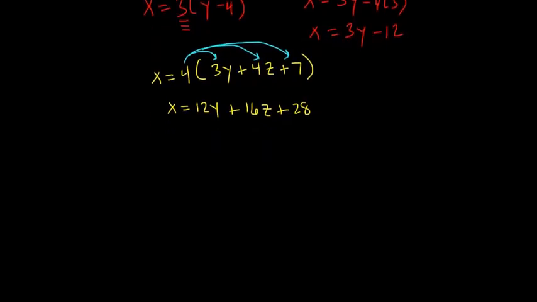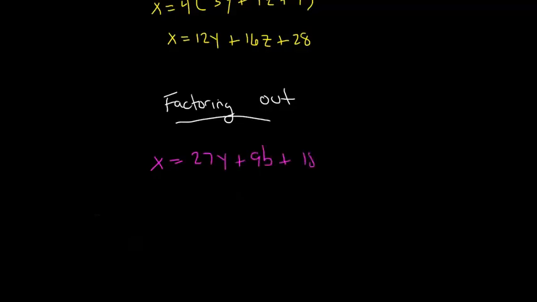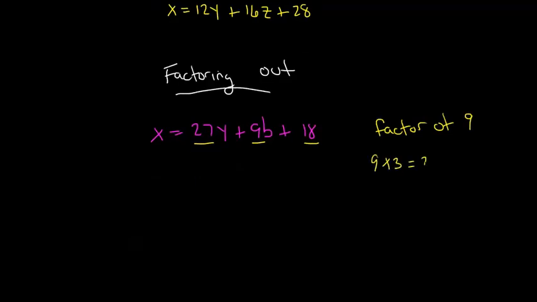The opposite of distribution into parentheses is factoring out of parentheses. So if we see a problem here where we have x equals 27y plus 9b plus 18, what we see here is that 27, 9, and 18 are all related by a factor of 9. 9 times 3 is 27. 9 times 1 is 9, and 9 times 2 is 18.